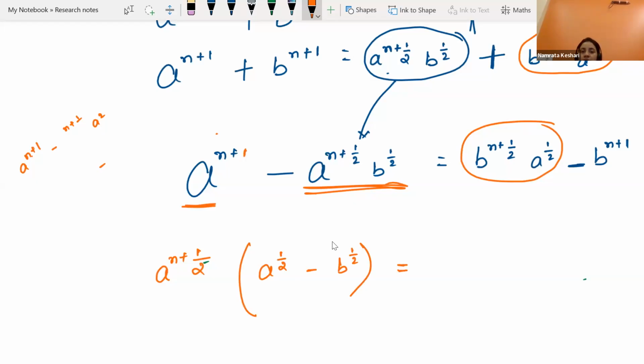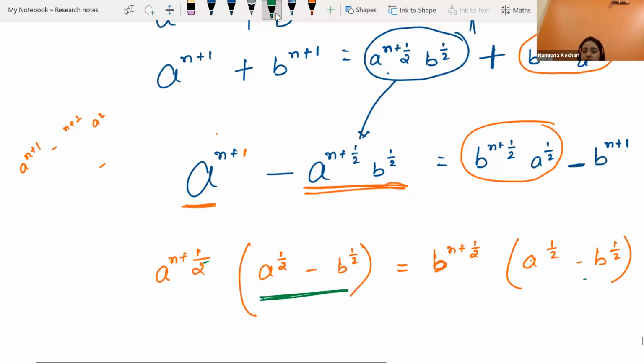Yes, ma'am. Similarly, from the other side, the same thing which we were proceeding with, we can take n plus 1 by 2 common, and we will have a to the power 1 by 2 minus b to the power 1 by 2. Now, since a and b are just numbers, can we see that on both sides this and this are the same?